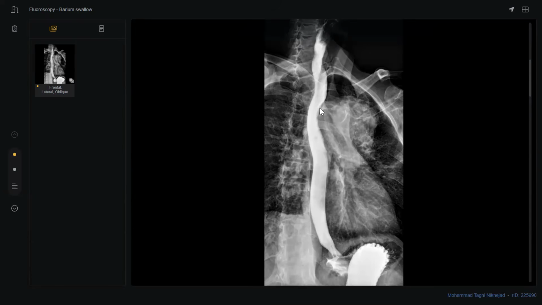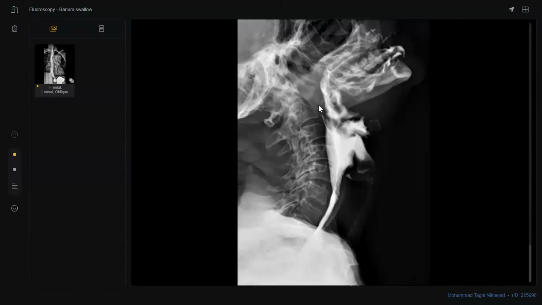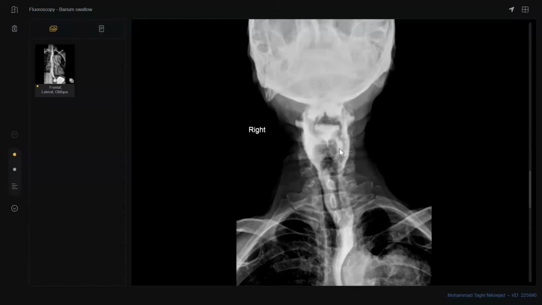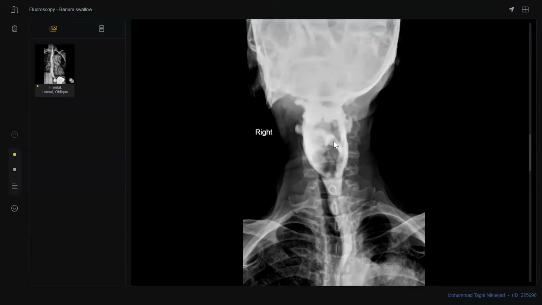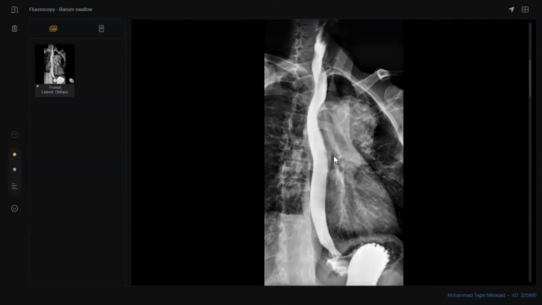There is slight indentation which is due to the aorta. As the patient is presented with dysphagia, the images are quite jumpy. Okay, now I guess they are better. Or maybe at my place it's an internet issue, that's why it's jumpy.